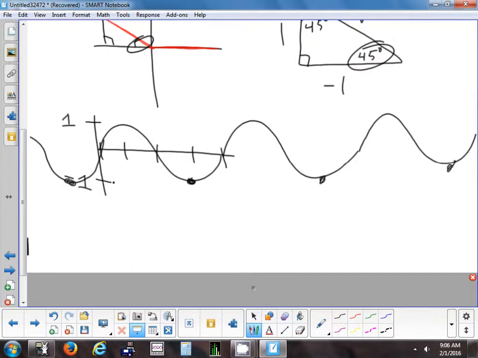The sine function. Cosine function looks very similar if we ever have to deal with that one, except it starts at the top and comes down. How many people remember that one for cosine?